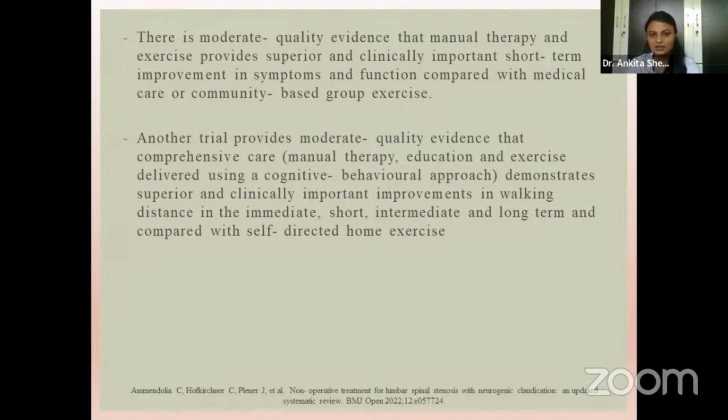Another finding was moderate quality evidence that comprehensive care, which included manual therapy, education, and exercise delivered using a cognitive behavioral approach, demonstrated improvements in walking distance in the immediate, short-term, intermediate, and even long-term when compared to self-directed home exercise.